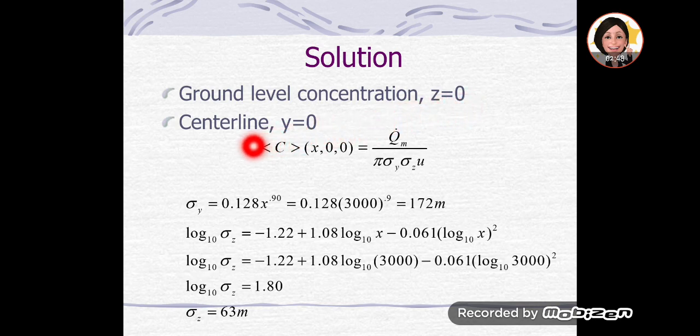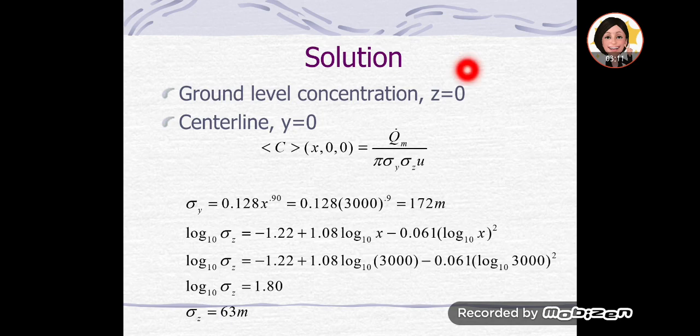Then we assume center line, where y is equal to 0. So first we can find our sigma y and sigma z from the table, substituting the 3,000 into the x value. So we get the sigma y and sigma z.